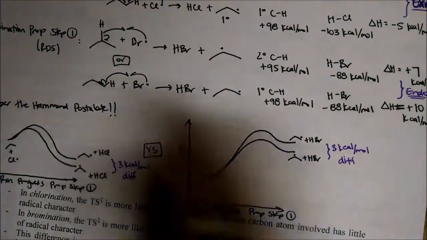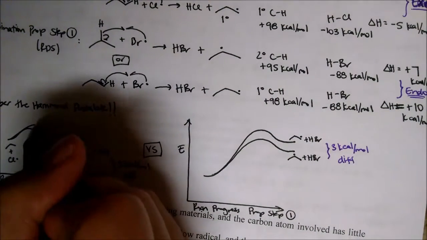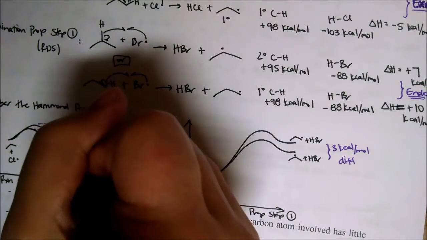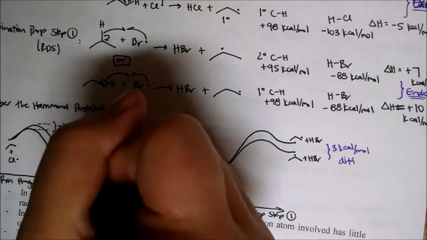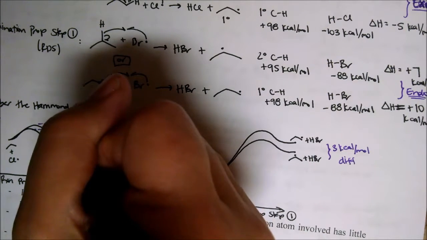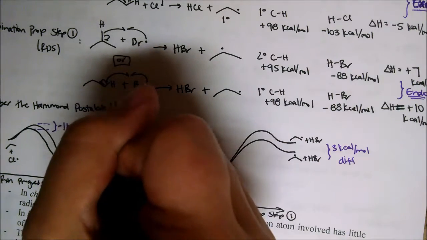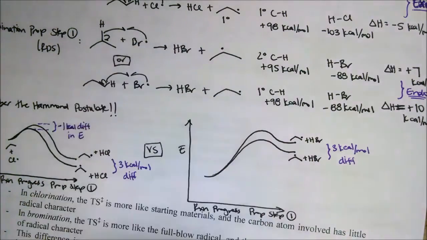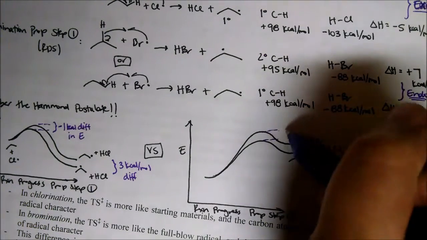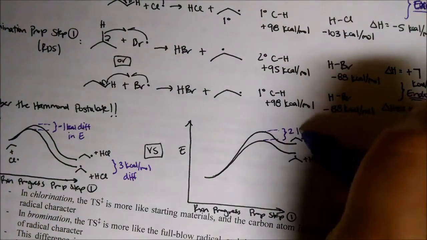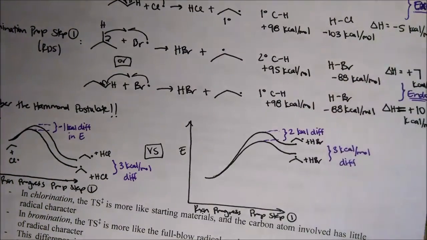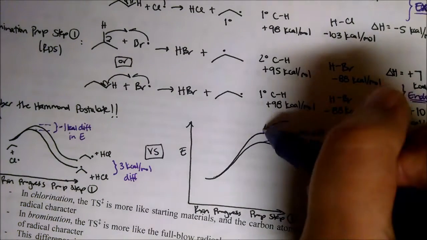So if we drew this out to scale a little bit better, here it's only about 1 kcal difference in energy. Whereas over here it's going to be a little bit bigger, about 2 kcal different. And that's because it is a late transition state.